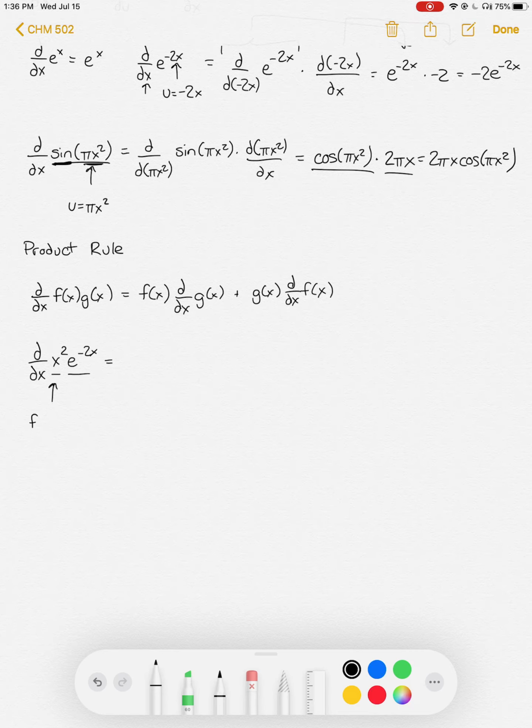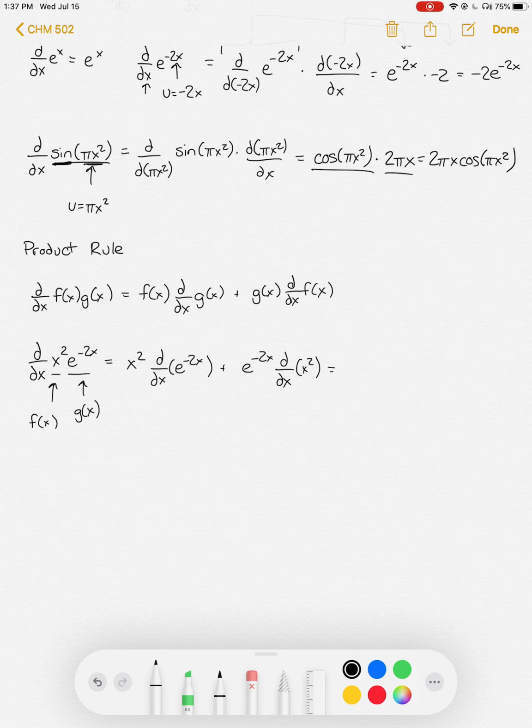Here, x squared is our f of x, and e to the minus 2x is our g of x. So when we're plugging it into the formula, we have f of x, just x squared, multiplied by the derivative with respect to x of e to the minus 2x. And then we'll add e to the minus 2x times the derivative with respect to x of x squared.